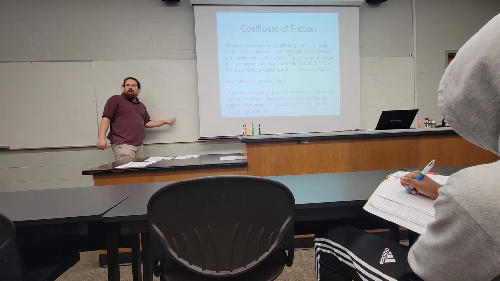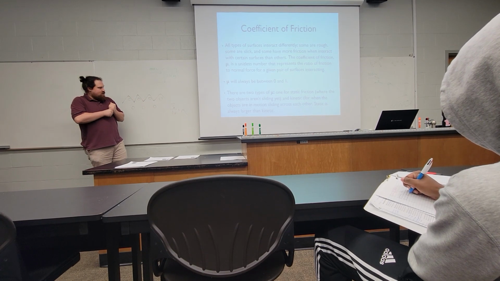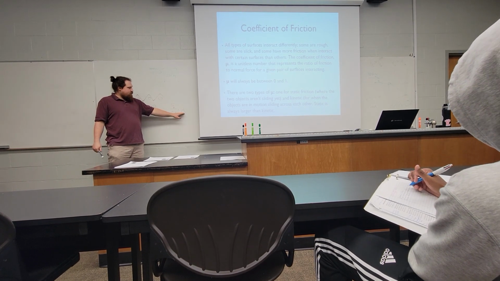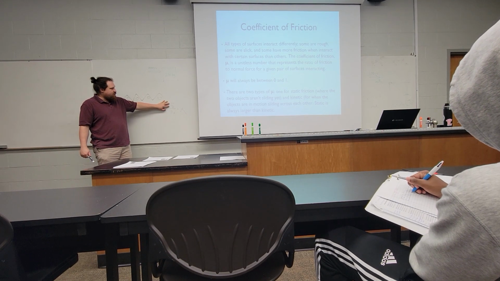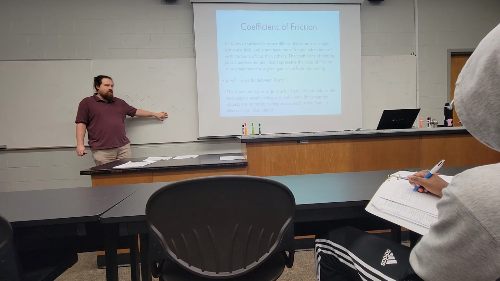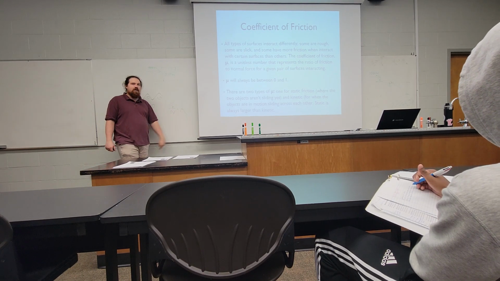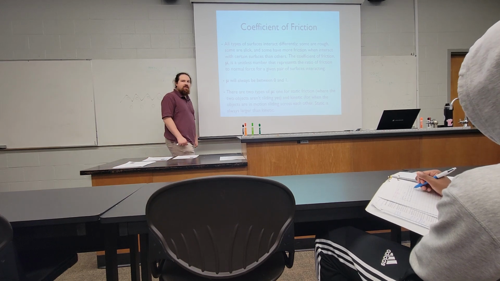So same formula, I just sent the N from one side to the other. Written this way, mu's definition is a ratio of friction to normal force. And the more friction a certain amount of normal force creates, the higher the coefficient of friction is for that interaction.